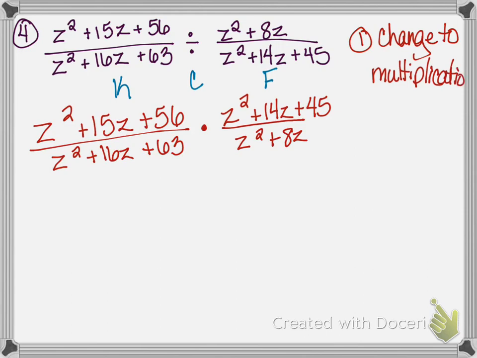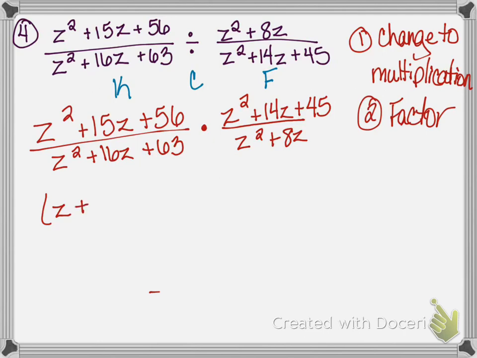Okay, and then my next step is to factor. And all of these are trinomials and binomials, so we're going to be factoring things down to binomials. Okay, so our first one, we have a product of 56 and a sum of 15. And I think we just did that, didn't we?